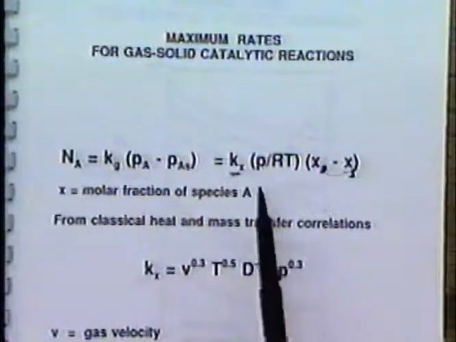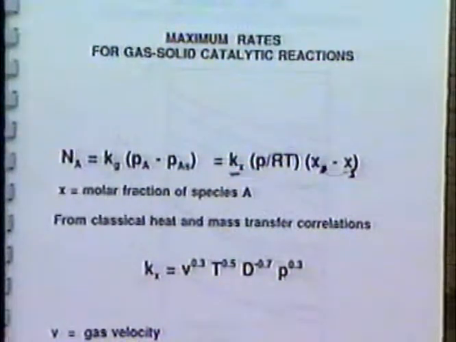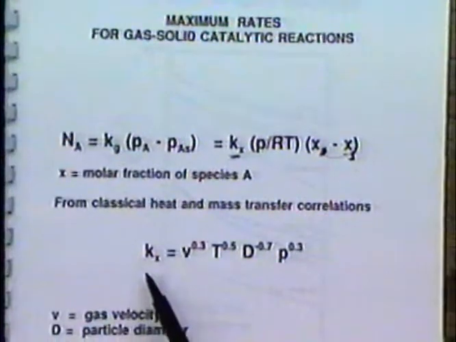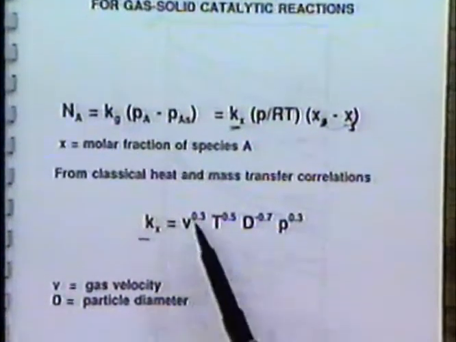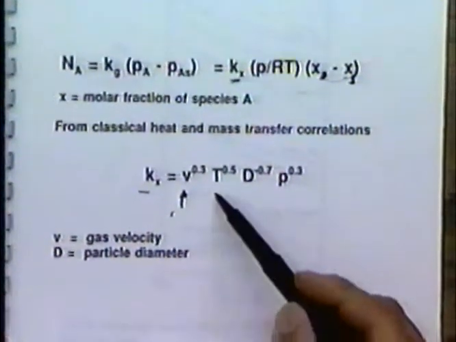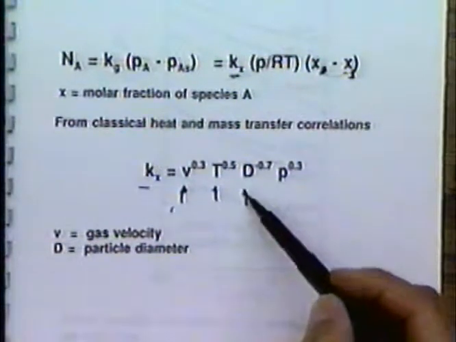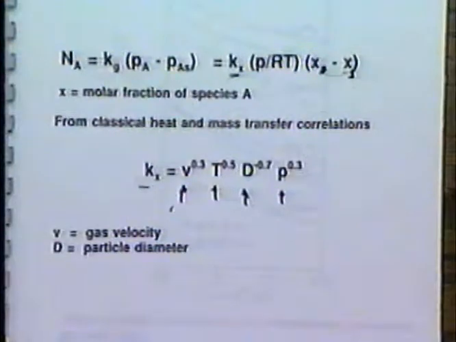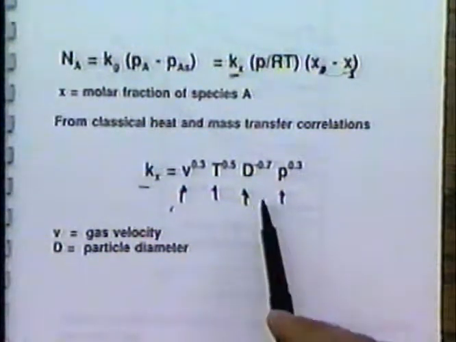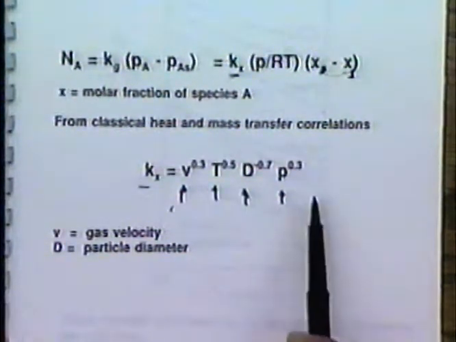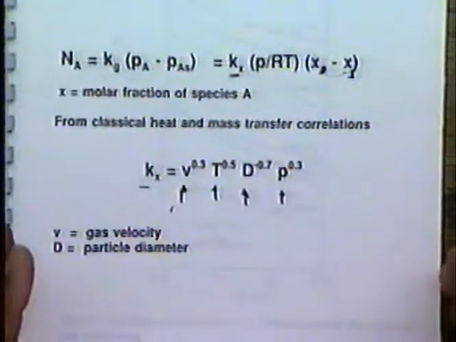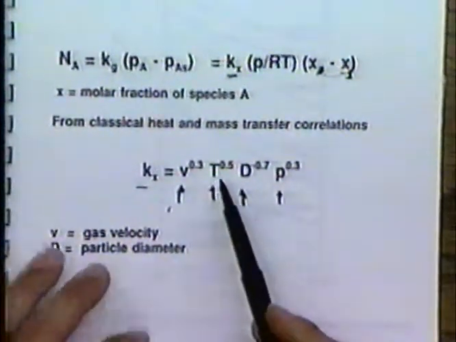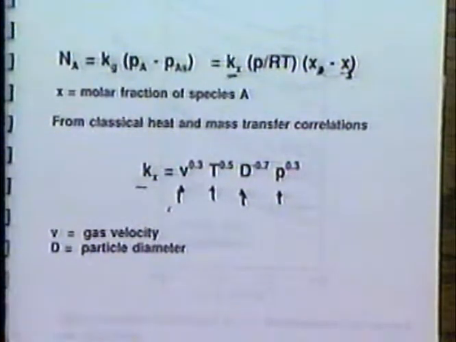Now, from classical heat and mass transfer correlations, we can estimate the dependence of Kx on the gas velocity, temperature, the diameter of the particle, and the total pressure in the gas phase. And all these parameters will vary within physically reasonable values. We cannot increase the temperature above certain values in practice.